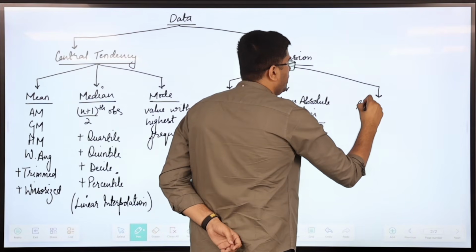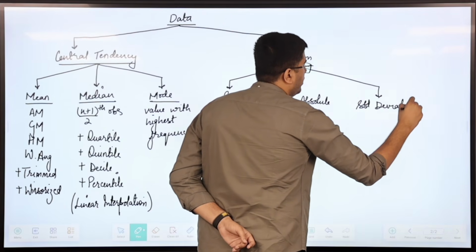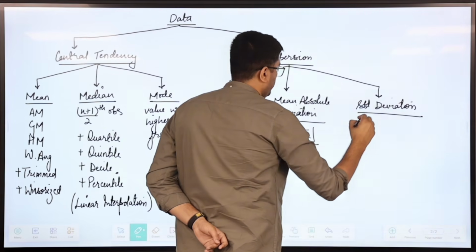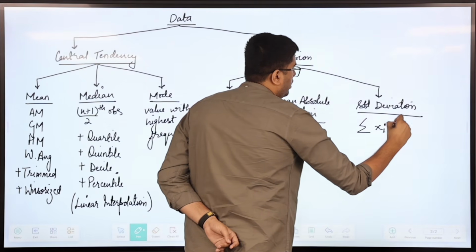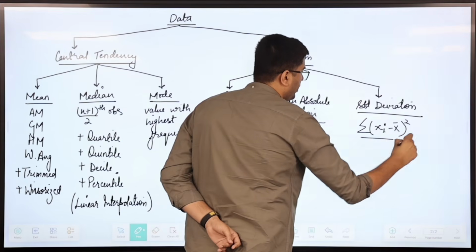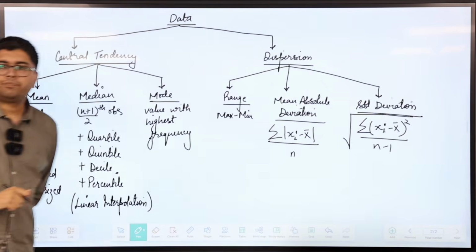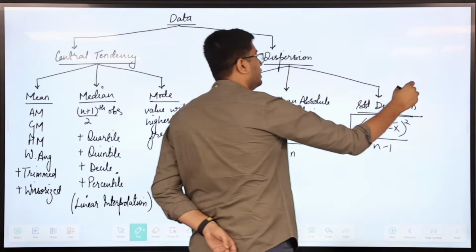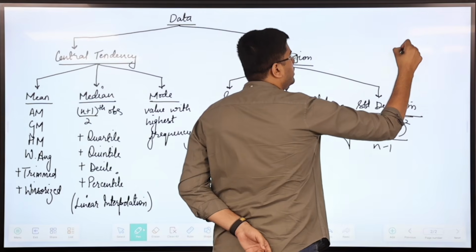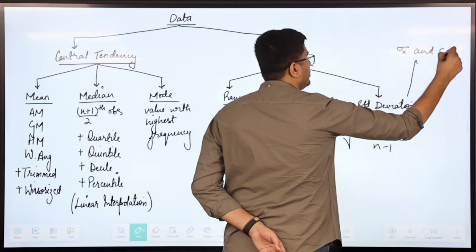And third is standard deviation: square root of the sum of squared deviations divided by n minus 1. Now, over here, we also had an extra discussion regarding population deviation and sample deviation.